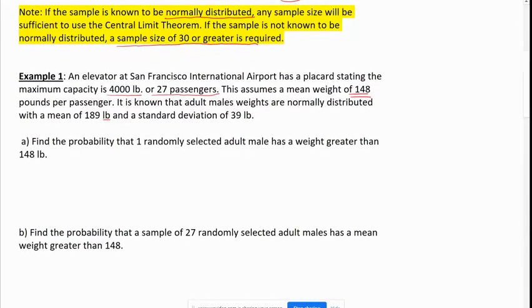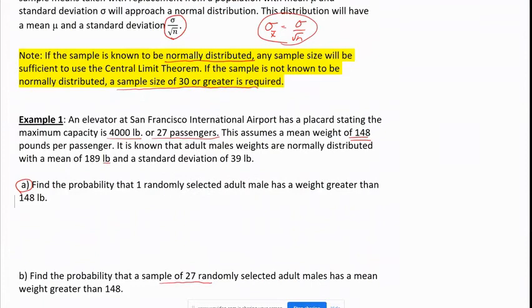And then find the probability that the sample of 27 adult males has a weight greater than 148. The first problem, part A, is really what we learned in the last section. There's no central limit theorem needed here because we only are talking about one person.